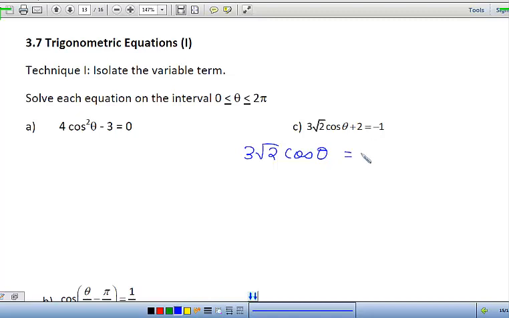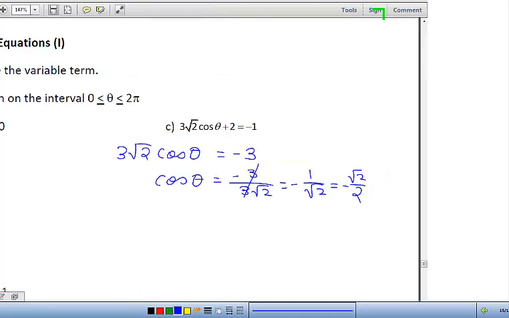So we get that that's equal to negative 3. And I can divide both sides by 3 root 2. So we get cosine theta equals minus 3 over 3 root 2. The 3's cancel, so we have negative 1 over root 2, or if we rationalize that, negative root 2 over 2.